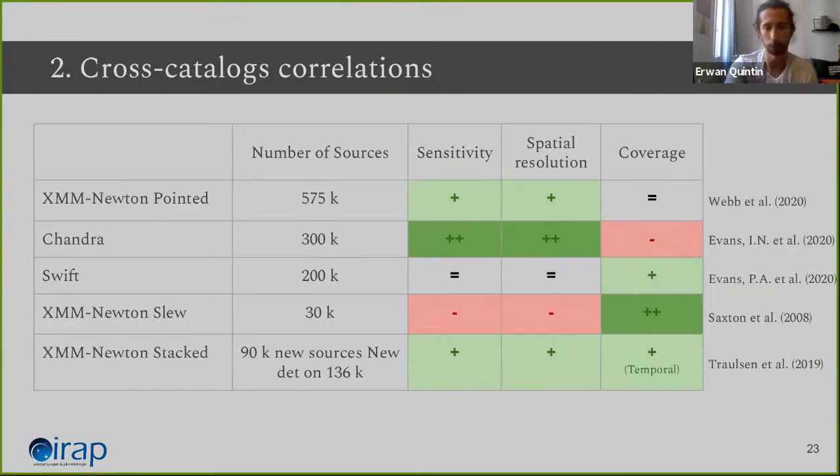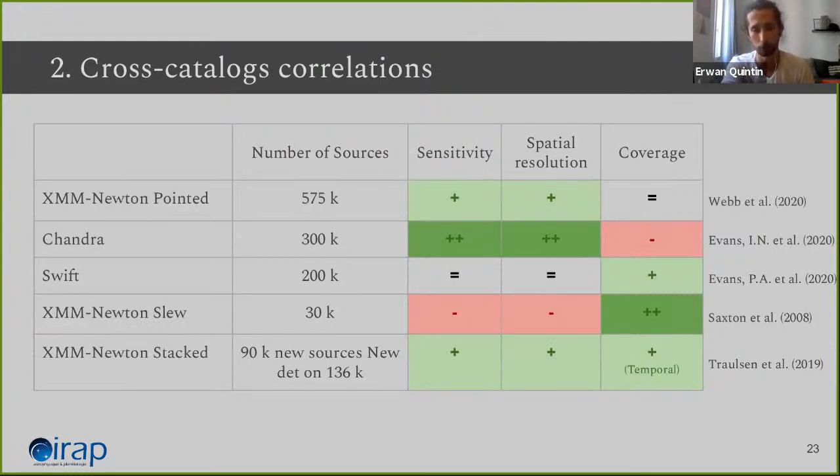We also use the stack catalog, which is basically the normal XMM-Newton catalog, but built on stacked observations. So it allows us to detect new faint sources and also to retrieve detections of sources that were missed in, let's say, 1 or 2 observations.